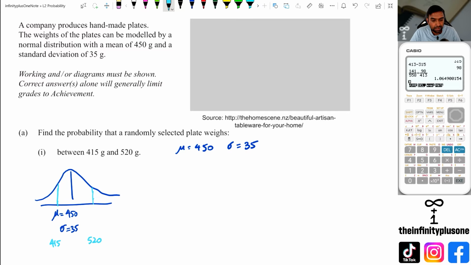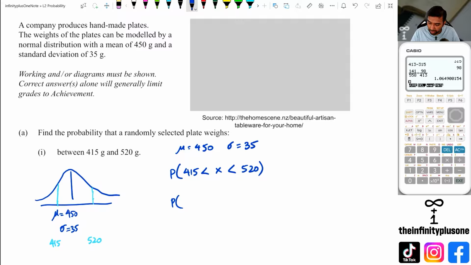Now, one thing that I would say is, I would always say just sketch the diagram, and then I would write the Z values for this. So how do I do that? I'm going to put down the probability of 415 < X < 520. Now, if you don't have a graphics calculator, or the FX-8200, then you've got to do this manually.